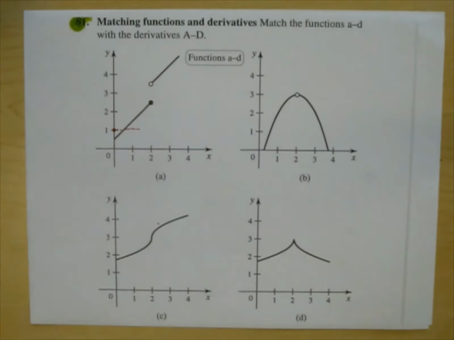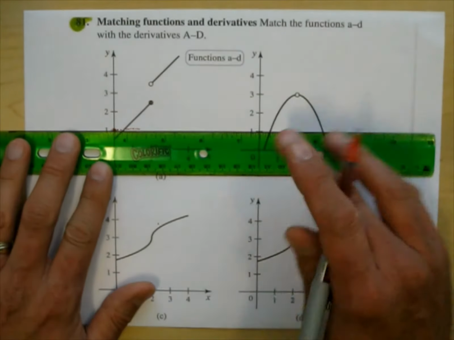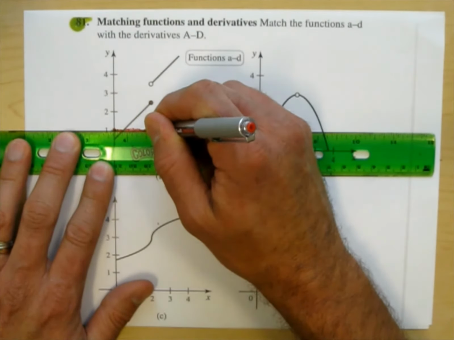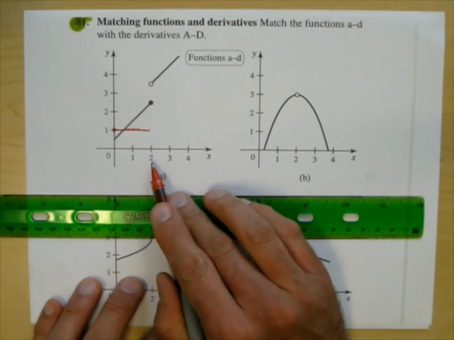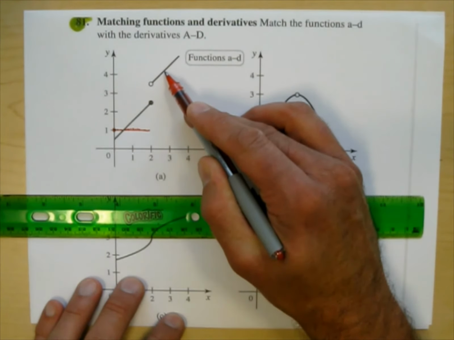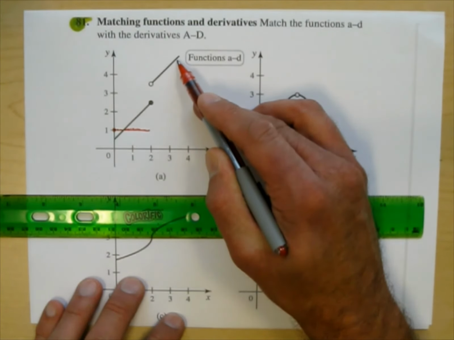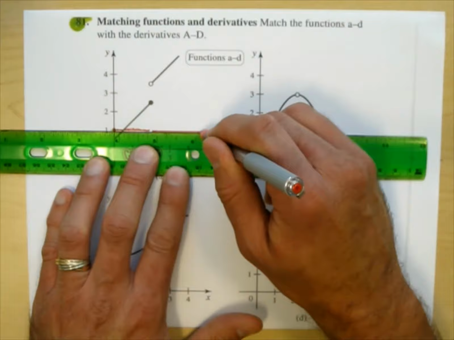So let me, I gotta get my ruler, which is on the other side of the room. So it looks like the slope is constant 1 here until I hit x equals 2, and then look over here. This also looks like the slope is 1. How many times am I going to say it? And so it looks as if the slope is always 1.